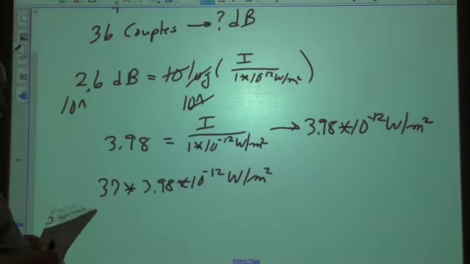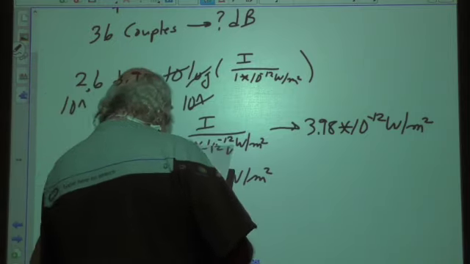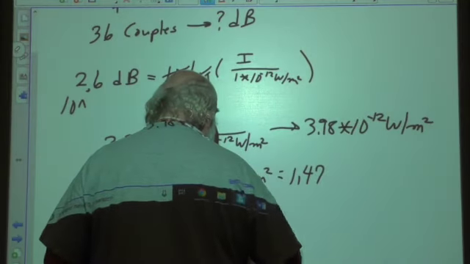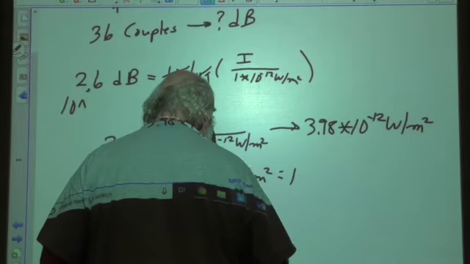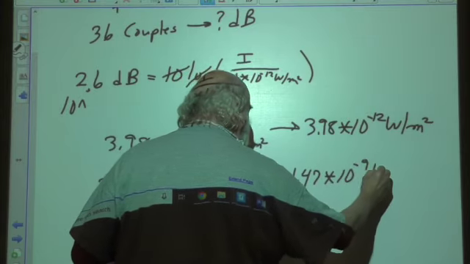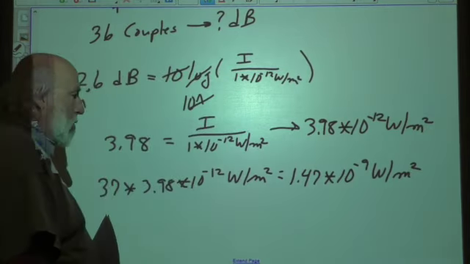All right, so when we do that, it turns out this is 1.47 times 10 to the negative 9 watts per square meter. So you've got that much sound going on in your room.